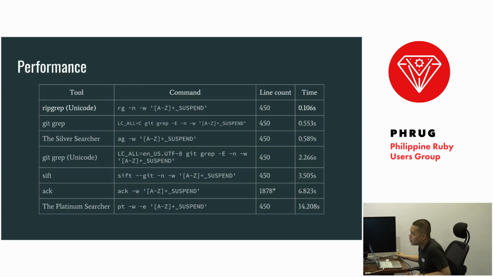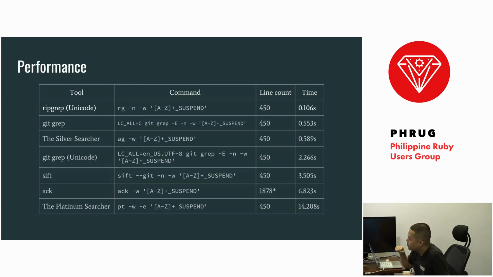So for performance, ripgrep at the top is the fastest. I copied this data from the README of the project, and there's actually a blog post with a lot of benchmarks, not just for a few cases, but this is just one benchmark that's used in the README. This is searching the entire Linux kernel source tree.